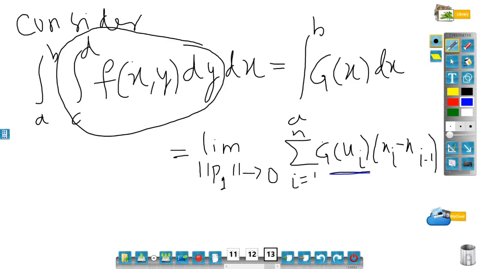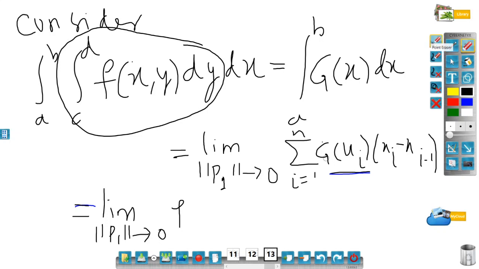So g of ui is the limit as norm P2 goes to 0, again I need to take the summation.